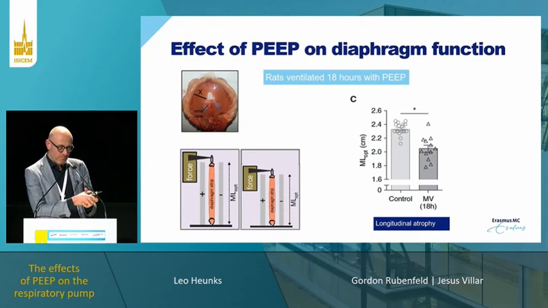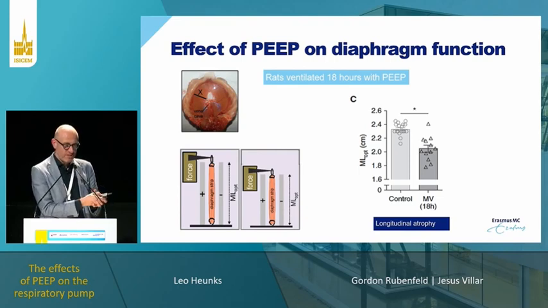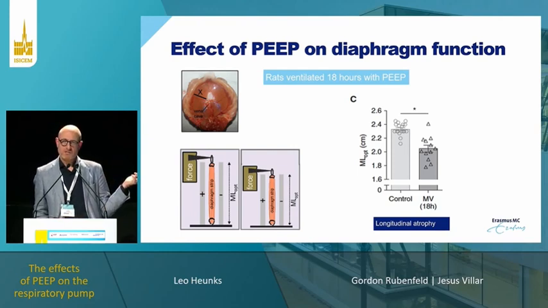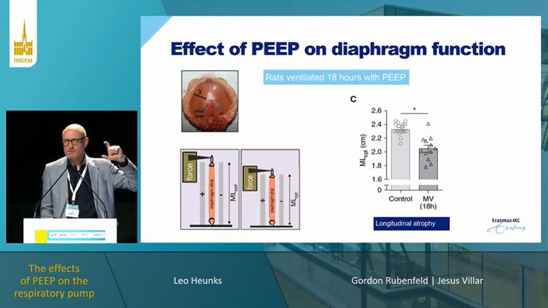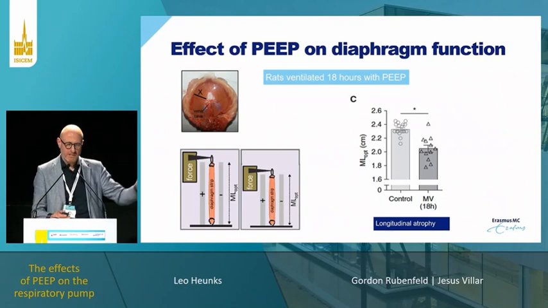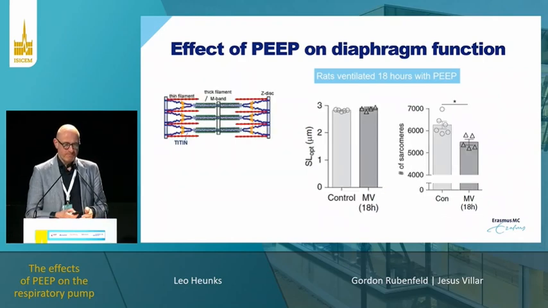So if in the control animals the optimal length of force generation was around 2.2 centimeters, for animals ventilated with PEEP it was around 2 centimeters. So the muscle has become shorter. This is what we have called longitudinal atrophy of the diaphragm.